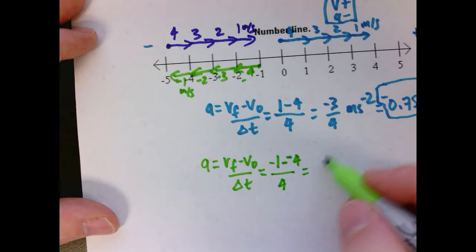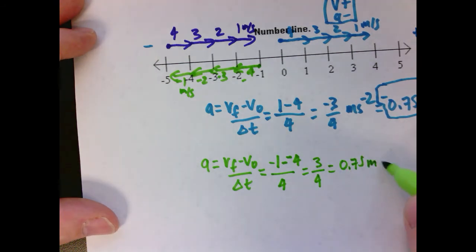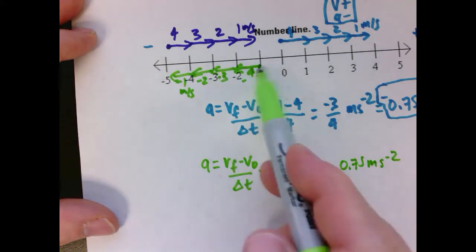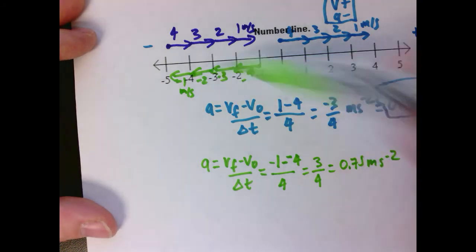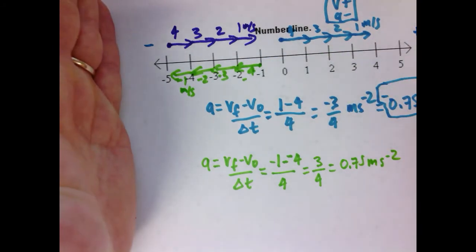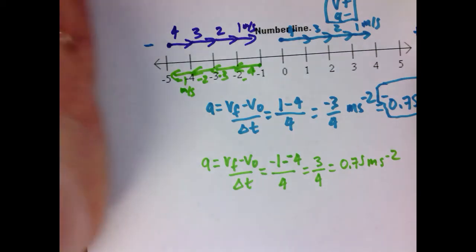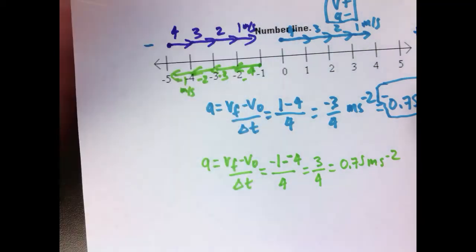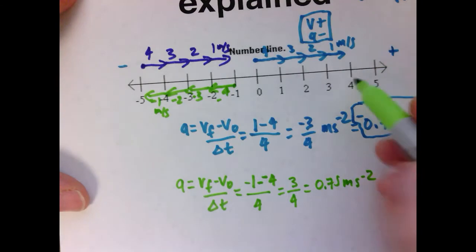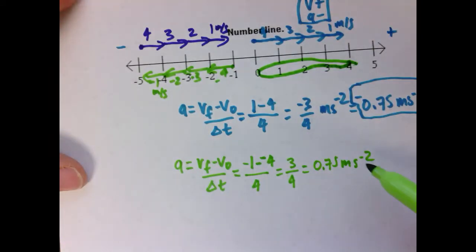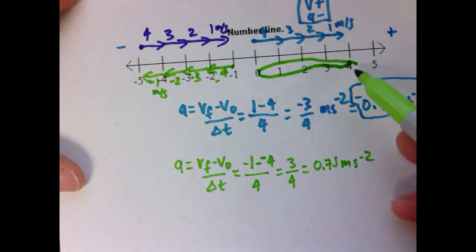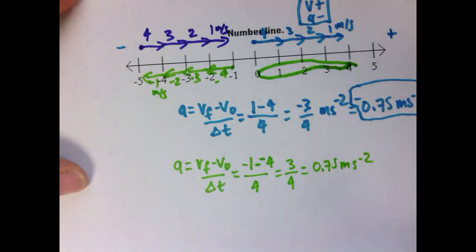So now you can see we have positive 3/4. We had negative velocities, but the acceleration is positive. Why? It is slowing down in the negative direction. The force that would cause that push is in the positive direction. And you can see then that if we did the same thing over here, we would get the same result. We would have acceleration and velocities in opposite directions, and we would again have positive 0.75 meters per second squared.